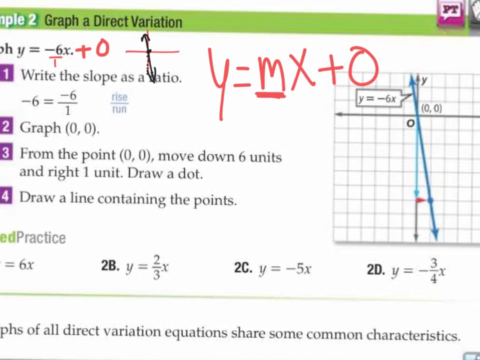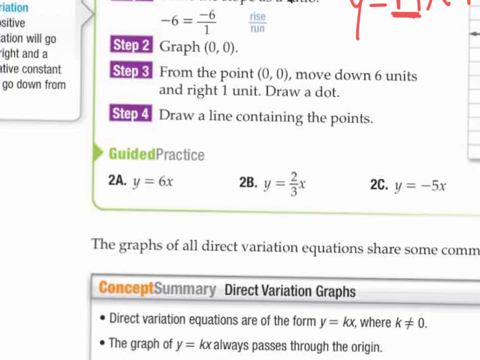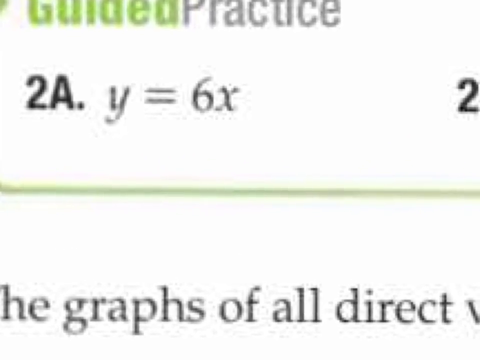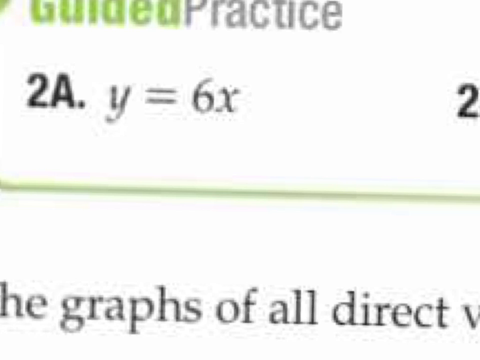Okay? So all of these are really easy to do if I ask you to do a quick sketch of these guys. A quick sketch of this one right here would be to simply go to an XY plane. I could put a plus 0 right here at the end to help me remember that I could start at the origin. And what do I do from the origin?